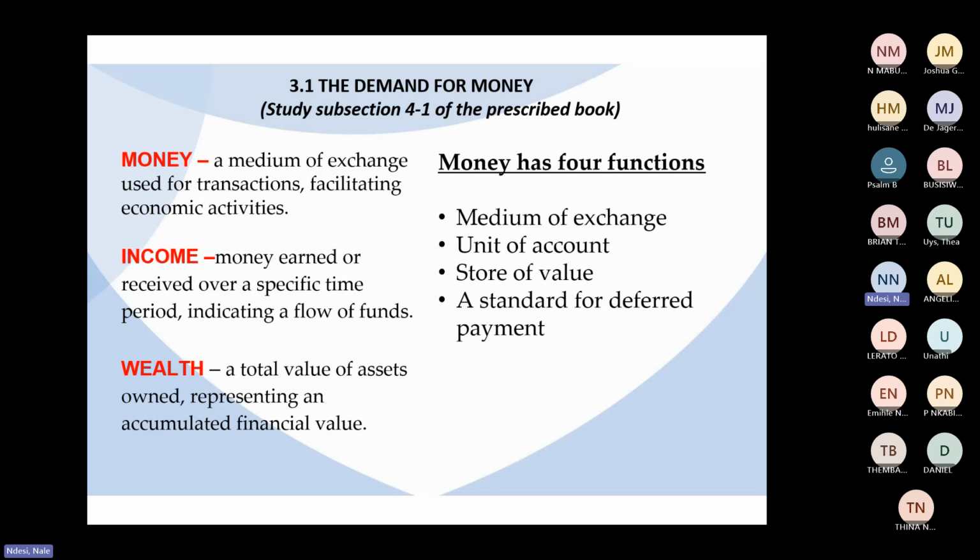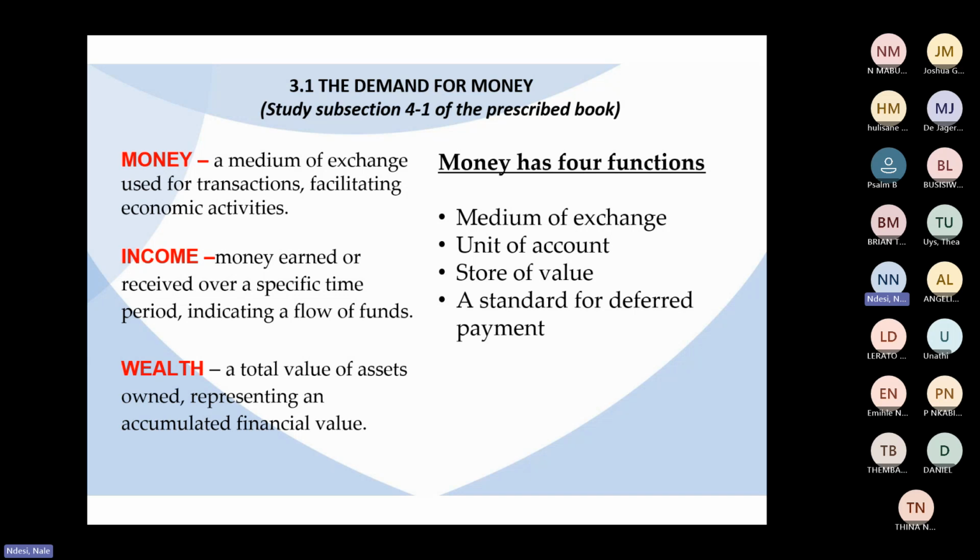Money as a unit of account refers to a common measure to indicate value that everyone can interpret. For instance, in South Africa, the unit that we understand is rands. South Africa uses rands, and in the USA, they use dollars.